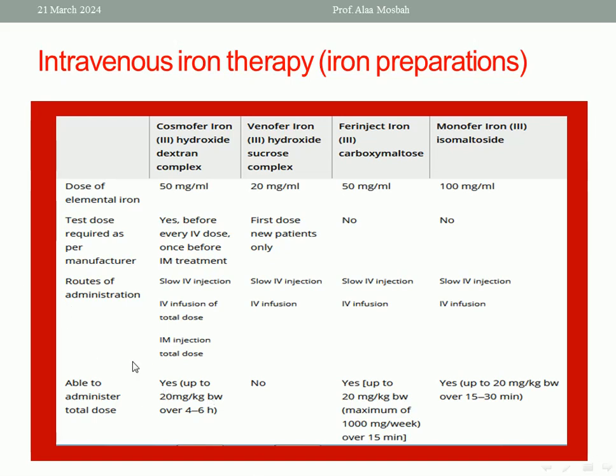What about the ability to administer the total dose? For dextran, yes, up to 20 milligram per kilogram body weight over 4 to 6 hours. But in case of sucrose, no ability to administer total dose. What about carboxymaltose?